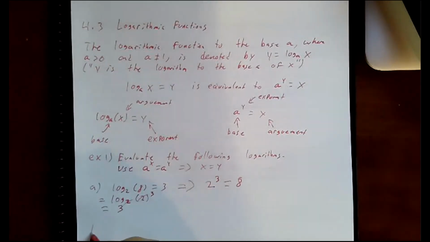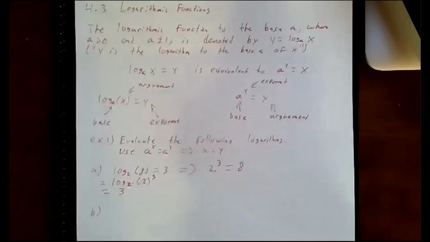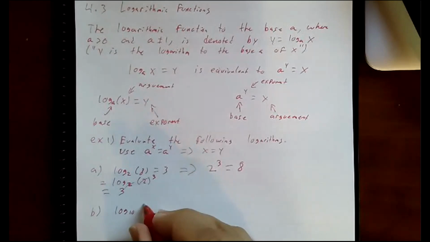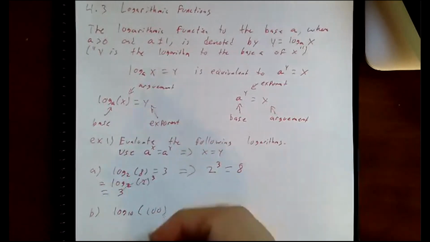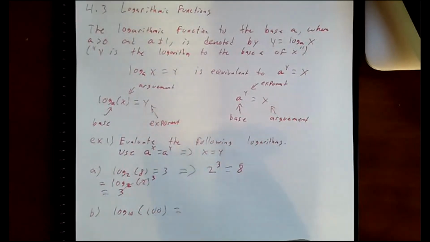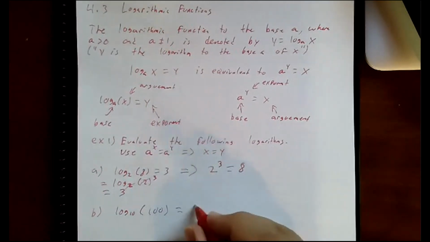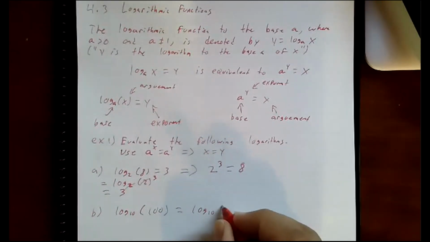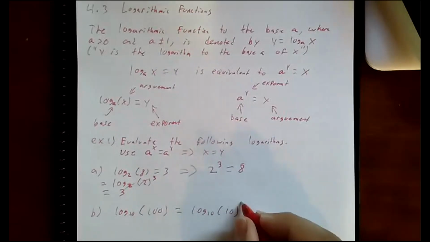So what I want you to do on these types of questions is just rewrite it as a power that matches the base. So for example, let's say it was 100. Because of the 10, that would be log base 10 of 10 squared, right?